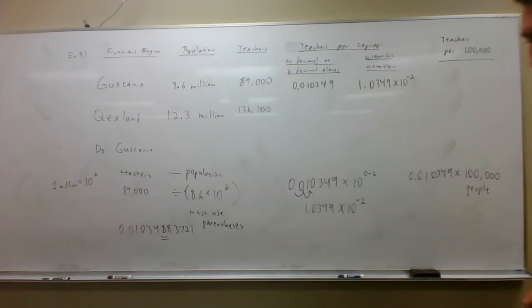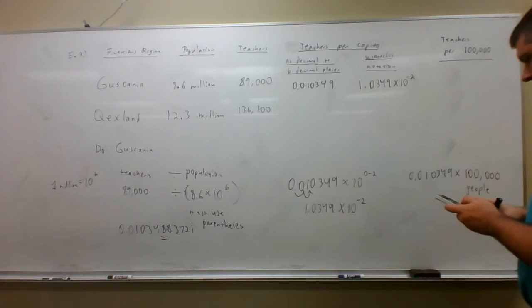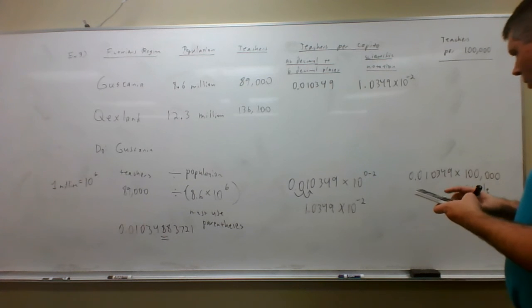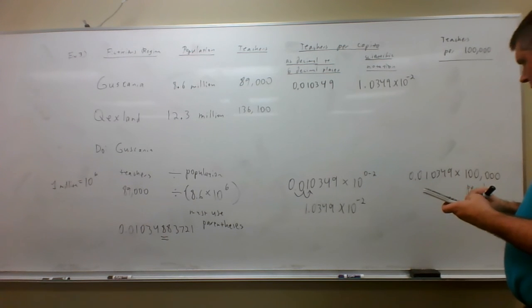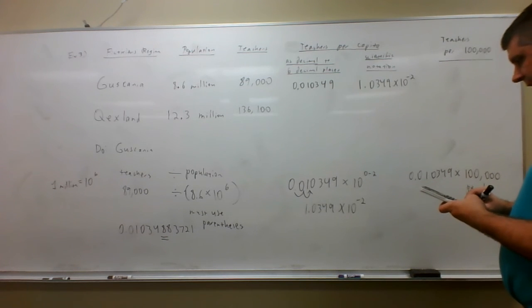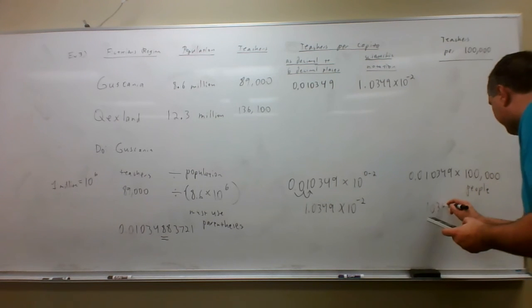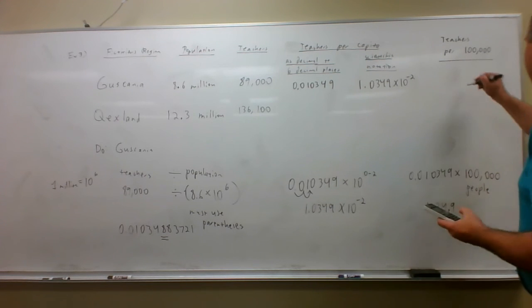It really doesn't matter. So, 0.010349 times 100,000 is 1,034.9, which rounds up to 1,035.